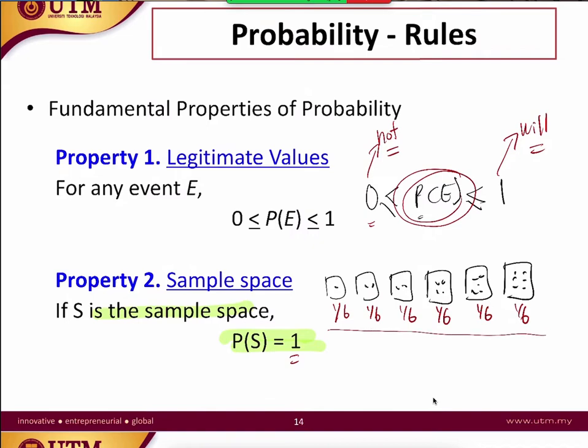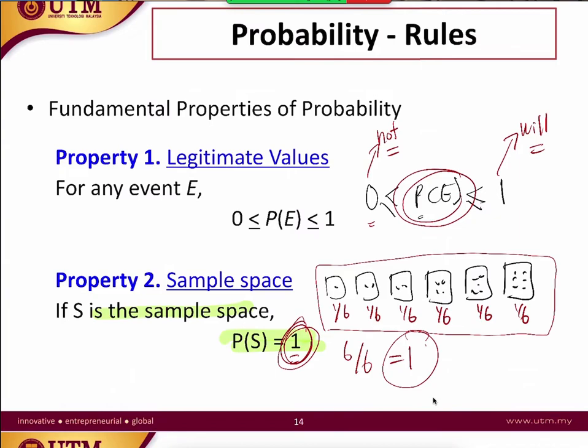When you add up all the possibilities in our sample space, you get 6/6, which equals 1. So the total of the sample space will always be 1.